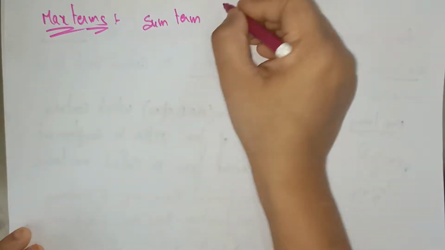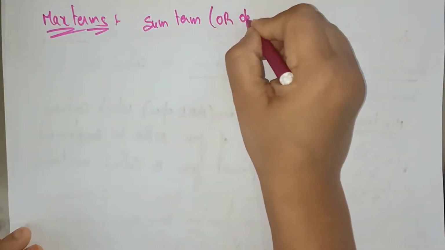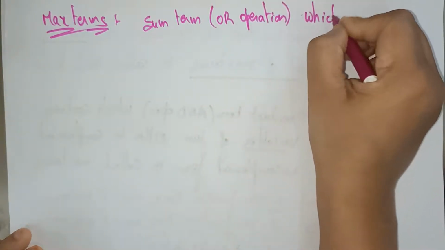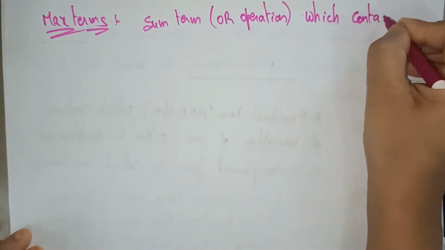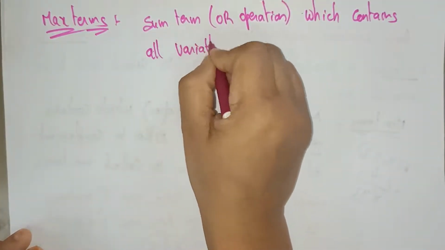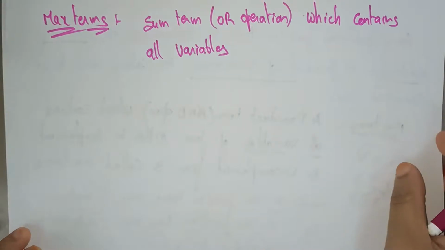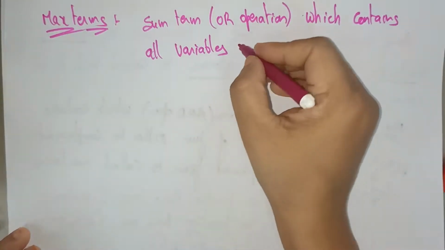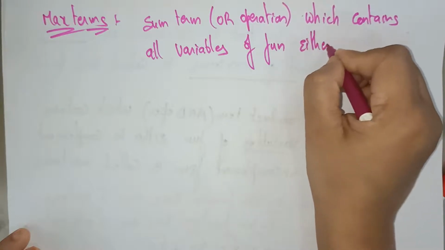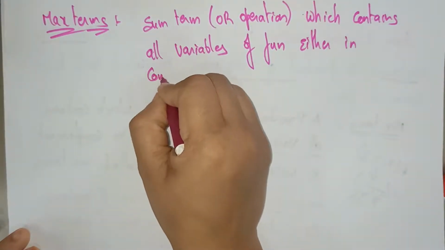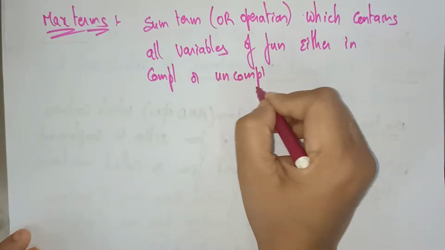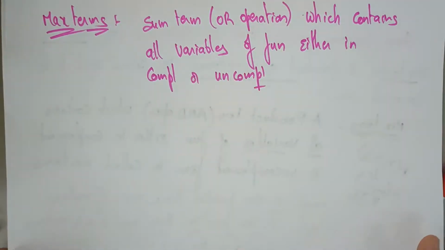A sum term, that is an OR operation, which contains all variables. So this is a canonical form, so all variables should be present in a term. All variables of the function either in complement form or uncomplement form, that you call a max term.